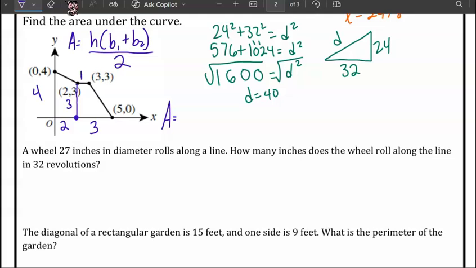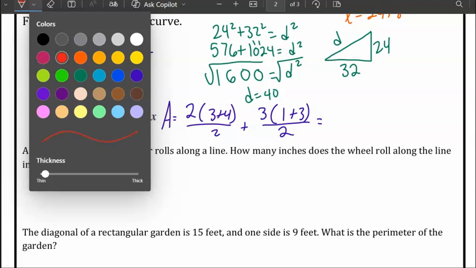We have the height of the first one, which is 2 times (3 plus 4) all over 2, plus the second trapezoid area. The height is 3, and then the two bases is (1 plus 3) all over 2.